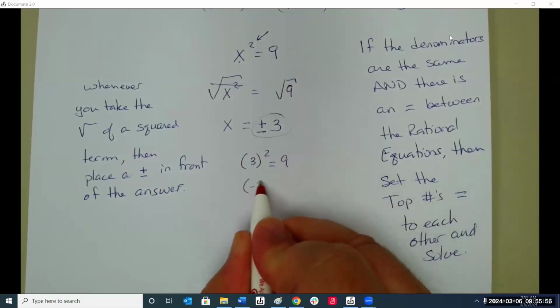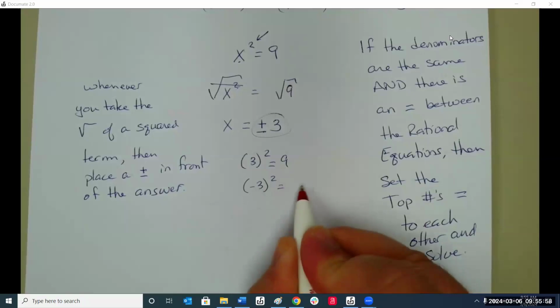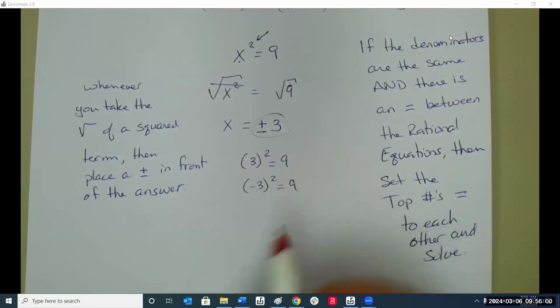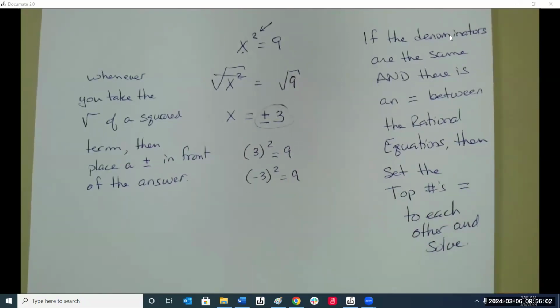If I put a negative 3 inside there and square it, I also get a 9. So that's why when you square root a squared number, you have to put a plus or minus in front of the answer. But so what's our answer in this equation?